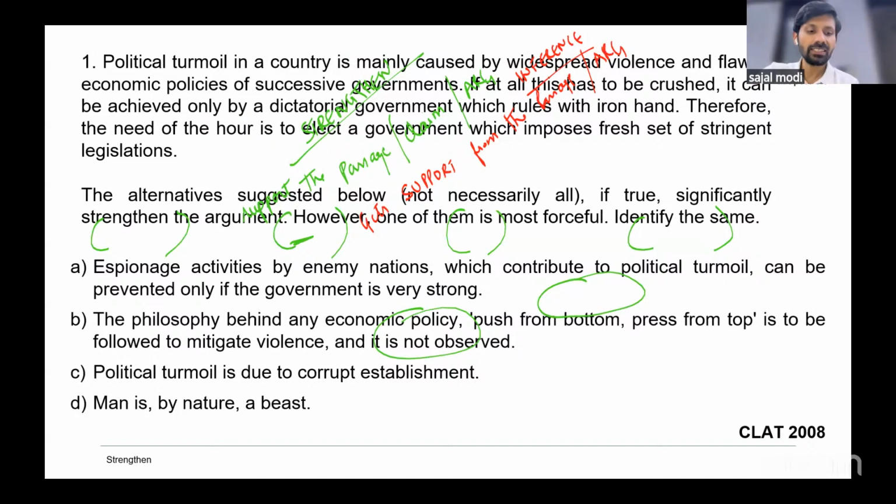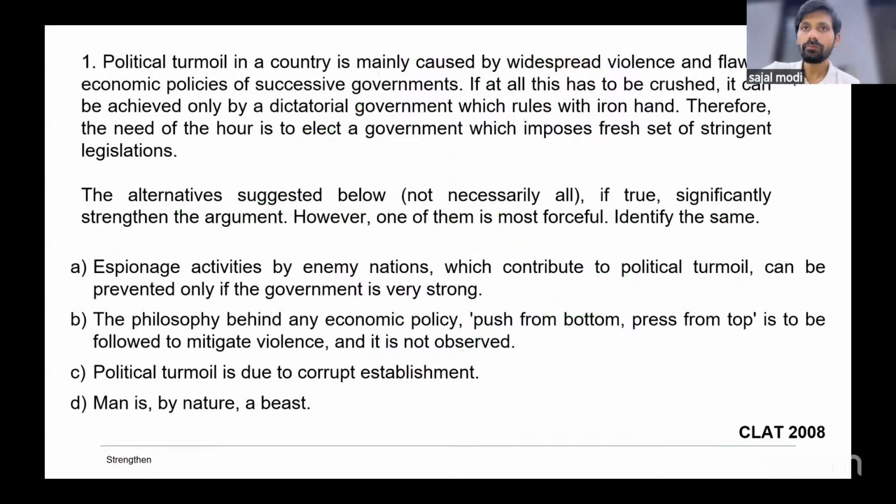So let's just put this into practice. Okay, we'll solve some questions, starting with this one. So it says political turmoil in a country is mainly caused by widespread violence and flawed economic policies of successive governments. Okay, this is what is given to us, that political turmoil, what causes it?